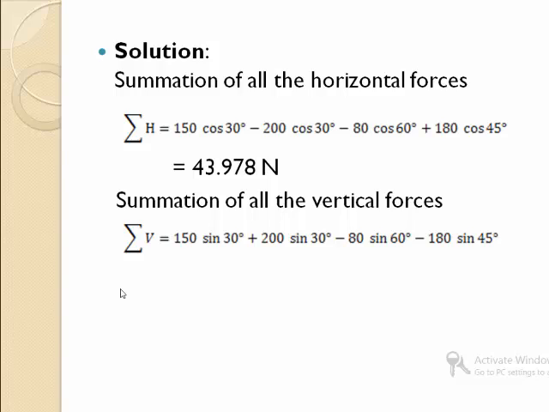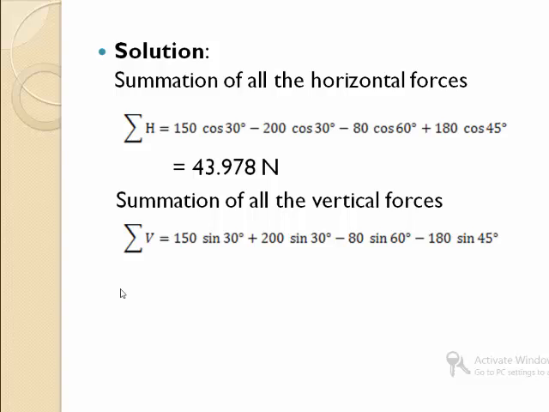Next, to calculate the summation of all the vertical forces acting in the system. The vertical component of the first force is plus 150 sin 30, of the second force is plus 200 sin 30, of the third force is minus 80 sin 60, and of the fourth force is minus 180 sin 45.